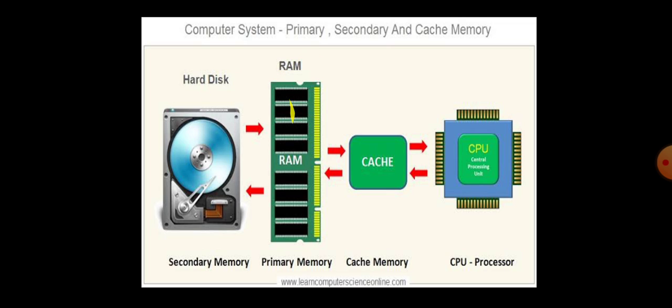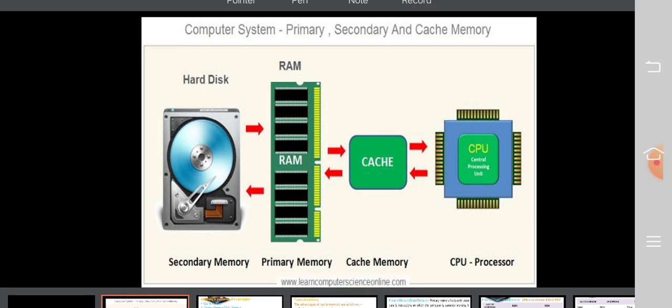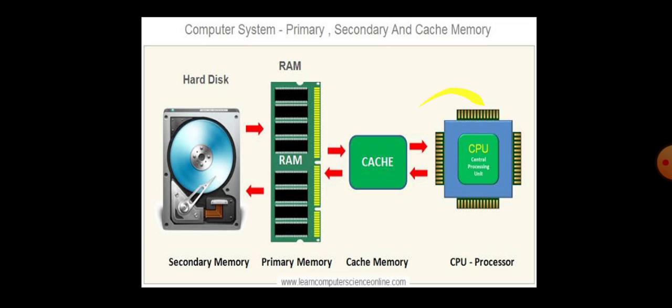Then from RAM, a temporary memory called cache memory, where the actual processing happens, is stored. Then from the cache memory to the CPU.